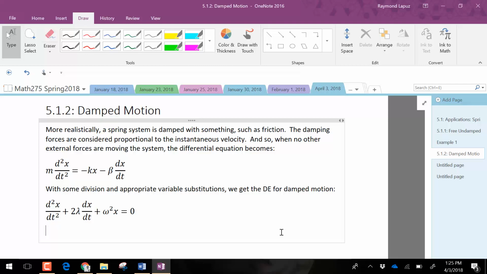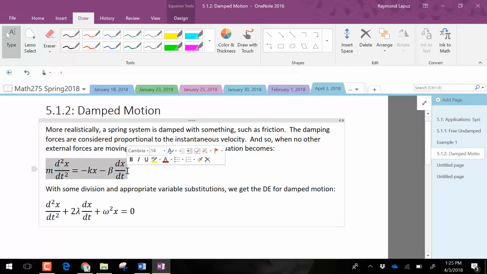And so assuming that, again, there's no other external force that's moving things around, then our differential equation begins to get set up like this. We have our mass times acceleration is equal to negative k times x, the position, and then we tack on another negative beta, some value, times the first derivative.